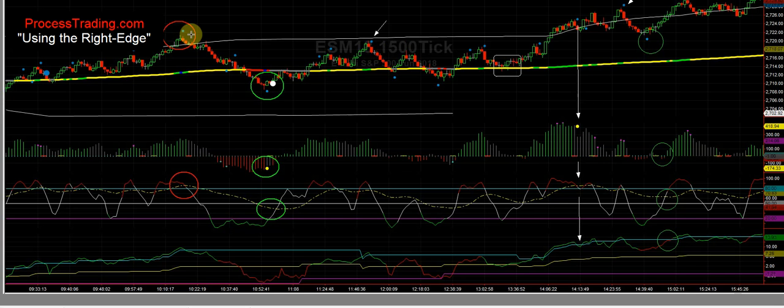That's the nice thing about the system of ProcessTrading.com using the Right Edge system, that so many people want to take contrarian trades because they just say, well, price is getting too high, but they don't know exactly where to enter those trades or what trade management to use.